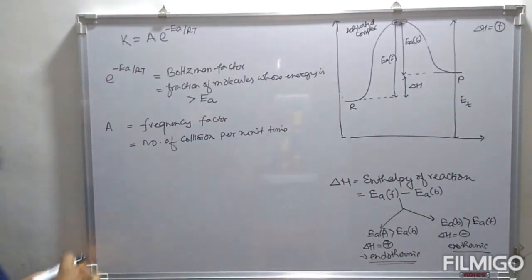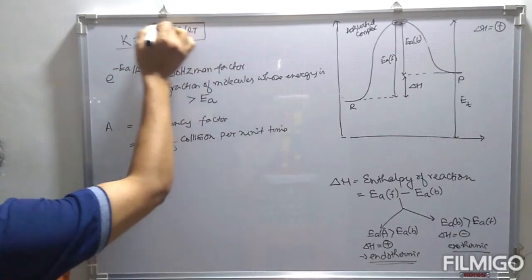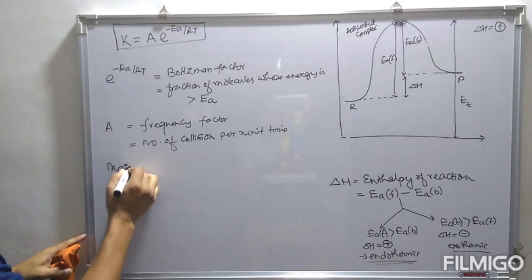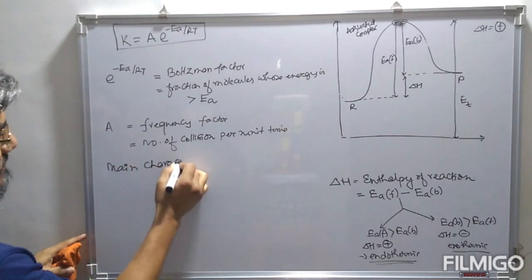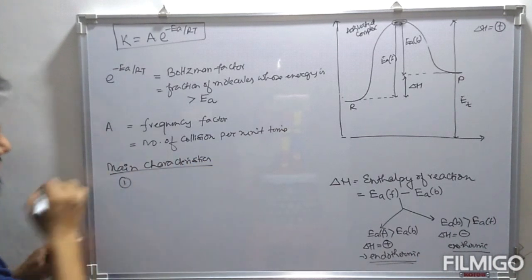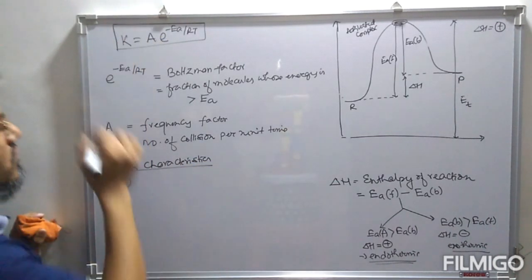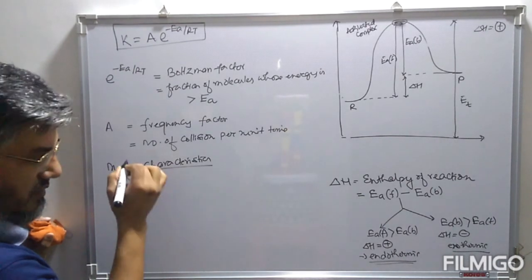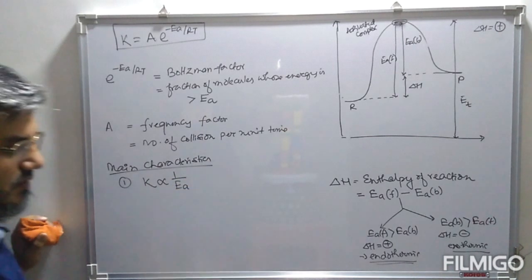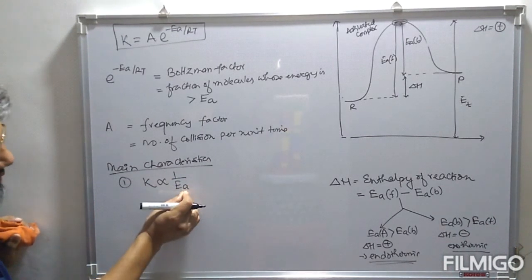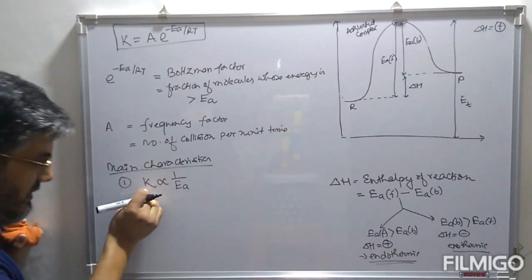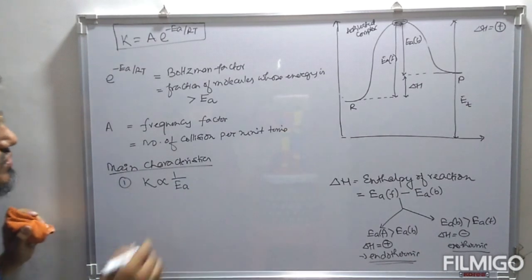Now, the main characteristics of this Arrhenius equation. First, the rate constant k is inversely related to the activation energy. That means if the activation energy of a given reaction is more, the rate constant will be less. If the rate constant is less, then the rate of reaction will be slow.